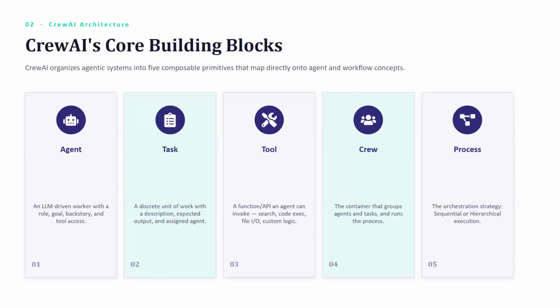For example, agent. As it says, it's like an LLM-driven worker with a goal and backstory. I had shown you yesterday that in the Python script there was some goal defined, and even they had this backstory. Backstory means you are giving context to your agent.